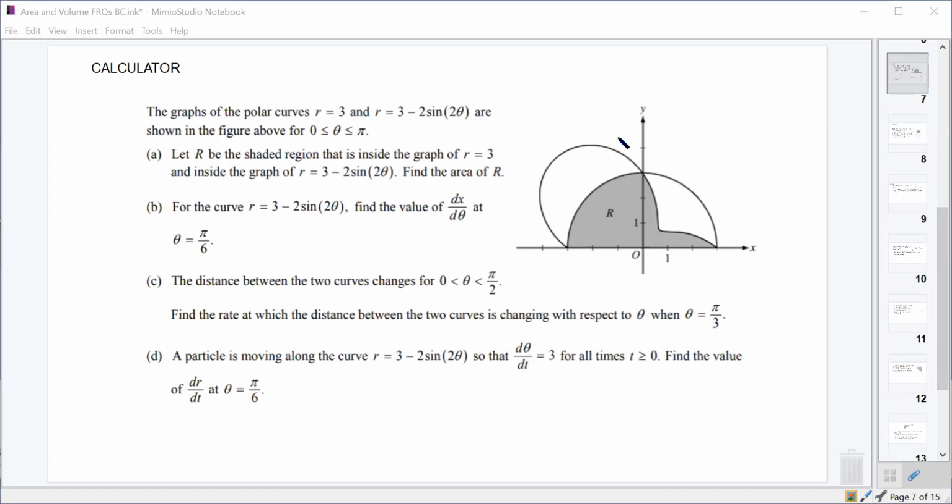You miss related rates? Yeah, there are related rates on the test, maybe someday. We'll do some related rates at some point, maybe, I don't know.